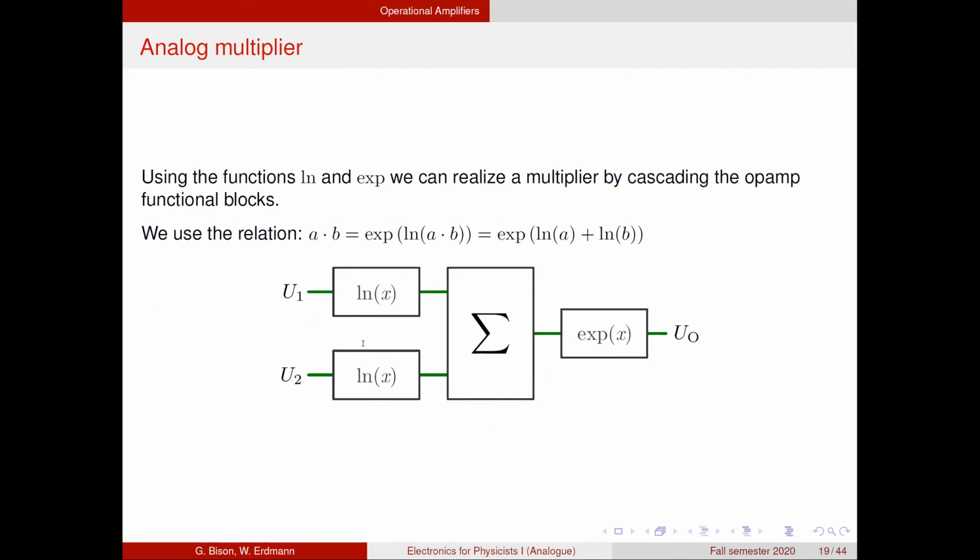So what you do here is you calculate the logarithm of one voltage and the logarithm of another voltage, add them together, and then calculate the exponent of that, which then, of course, due to this identity, gives you the two voltages multiplied.